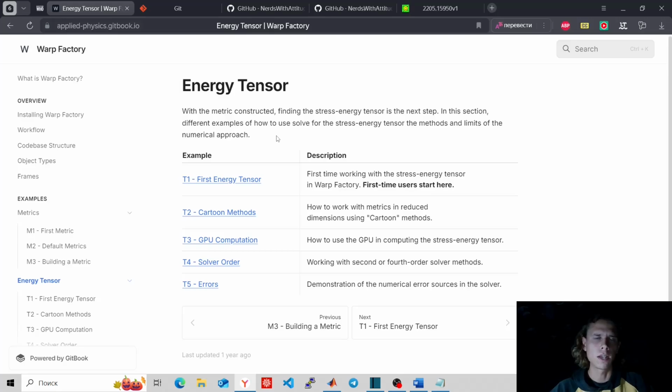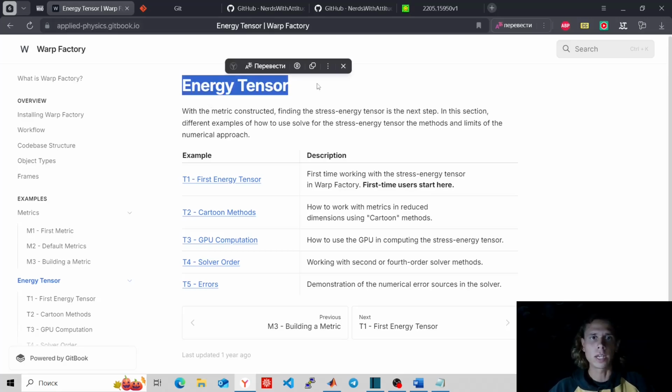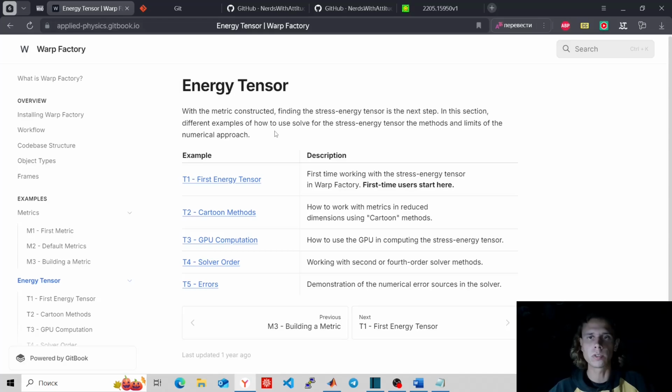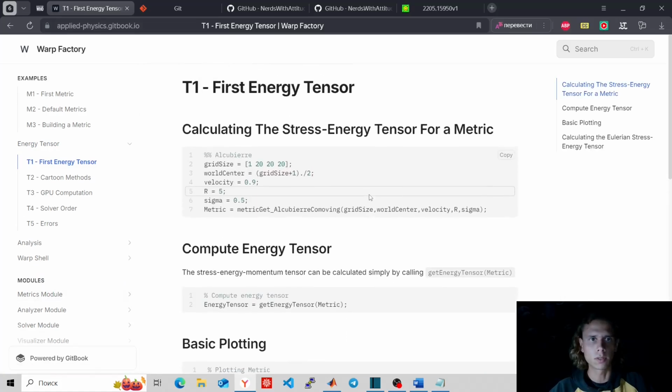The next section is energy tensor. This is what we want to know from our metrics. To compute energy tensor, it's quite easy.